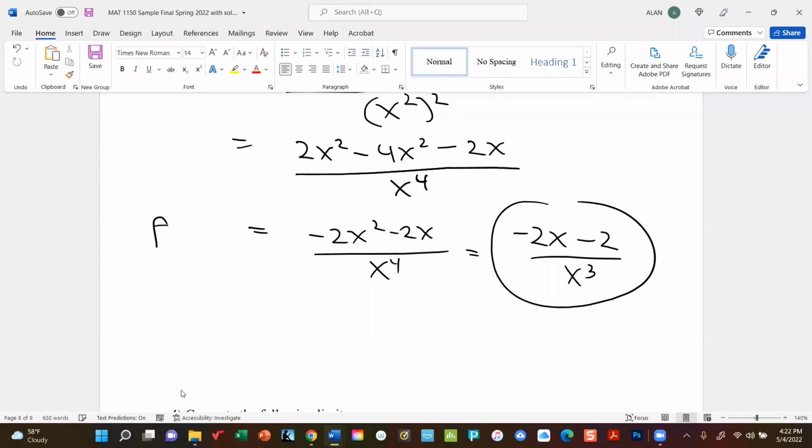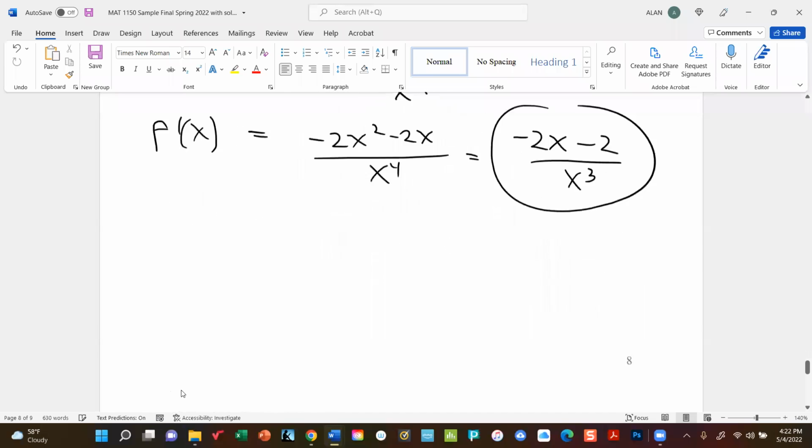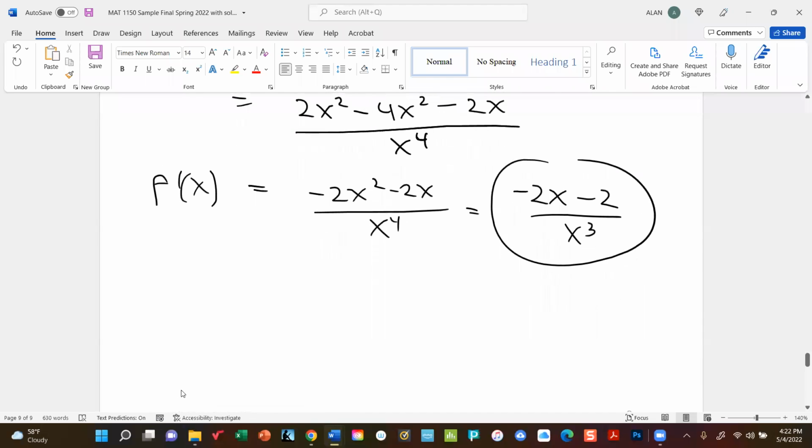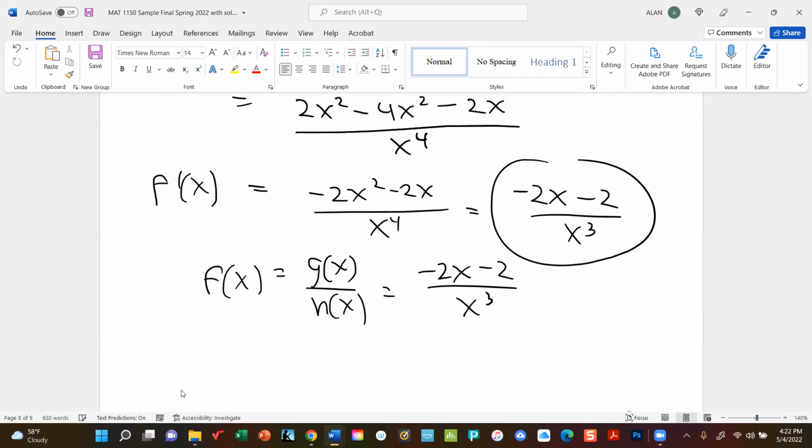Now the second derivative, again, it's based on the idea that this is a ratio. This is the quotient rule. So we'll treat this as f of x. So minus 2x minus 2 over x cubed.